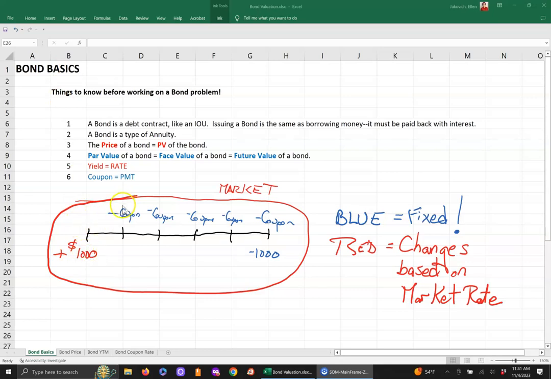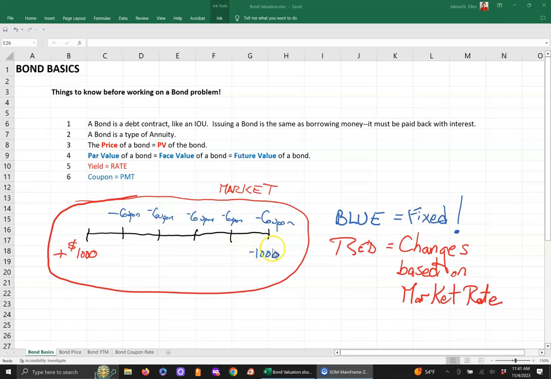We have to pay back interest called coupons here, here, here, here, and here, annually, or if the problem says semi-annually, we'll pay twice a year. But at the end of it, we pay back the face value, assuming that's $1,000, which it usually is.